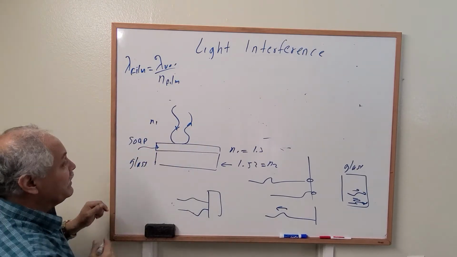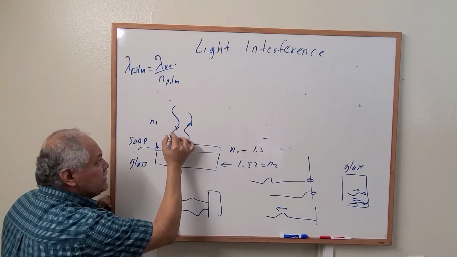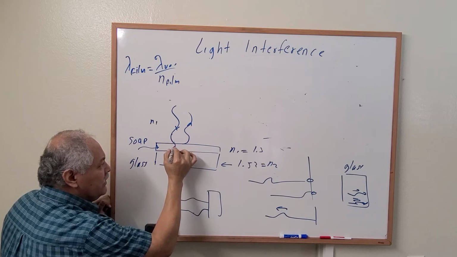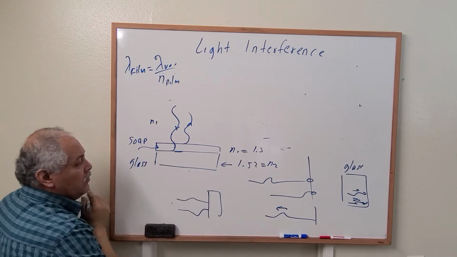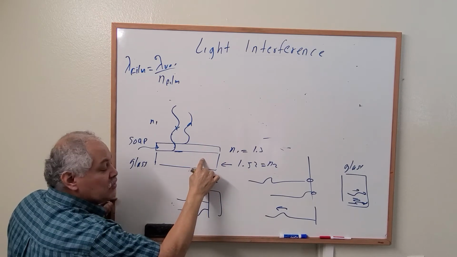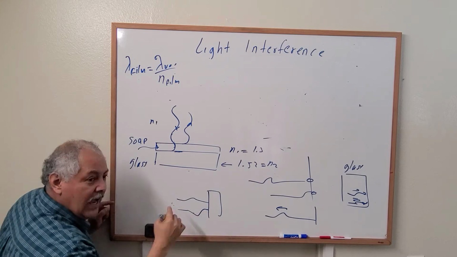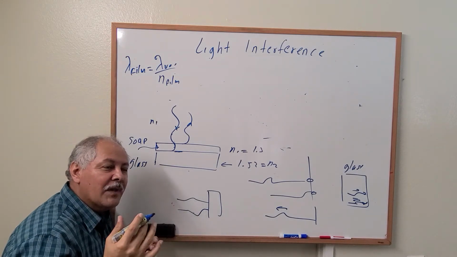Now let's go to the next interface. This is transmitted in phase. But one more time, this index of refraction is less than this one, so it's reflected out of phase.